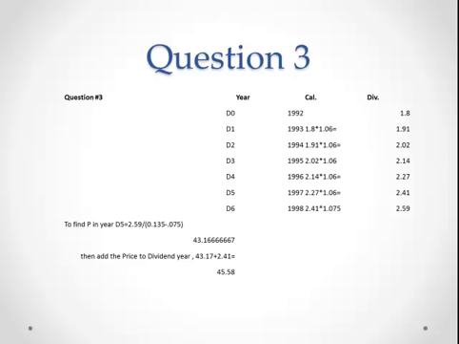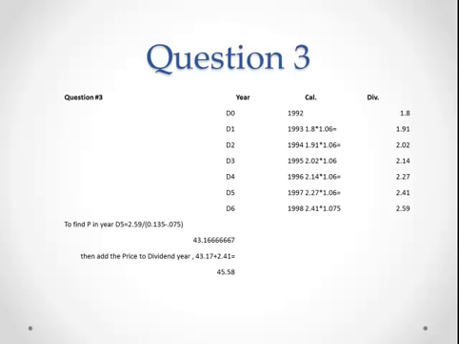Question 3 is asking what was the value of the stock on January 1st, 1992? Well, first things first, we must find the dividends for the next 6 years, starting at 1992, which is $1.80. Now for 93, we take that same $1.80, times 1 plus the growth rate, which is 1.06, resulting in $1.91 per dividend. We're going to follow this process down to the 6th year, in which we get $2.59.